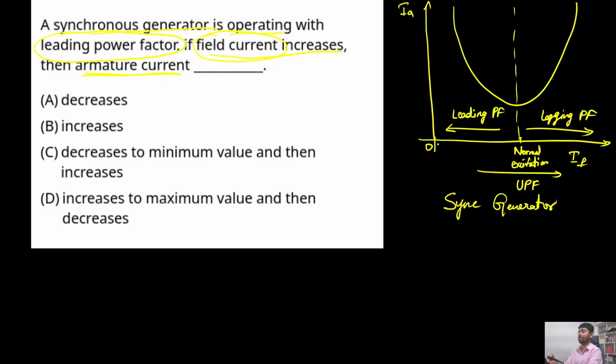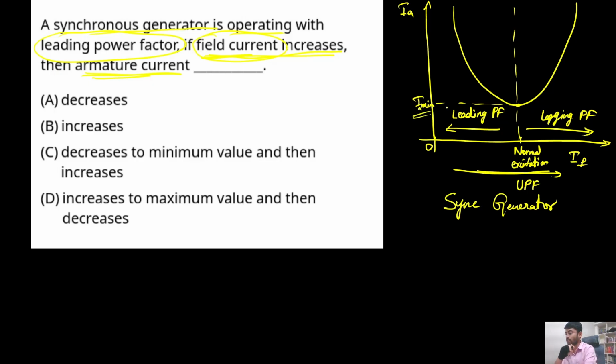So here what is happening? Field current increases, then the armature current. So if you take from 0 to IF, armature current decreases, it comes to a point, from here again it increases. So this is the minimum value, I minimum, that is armature current minimum.